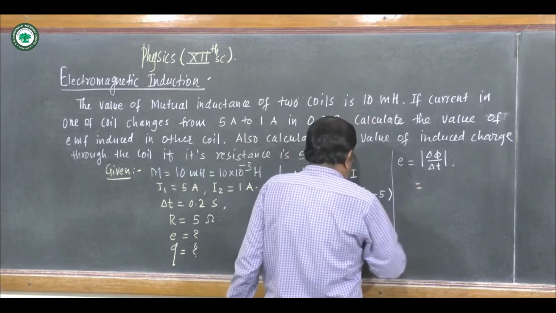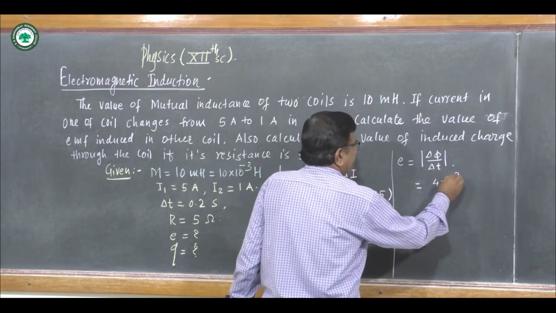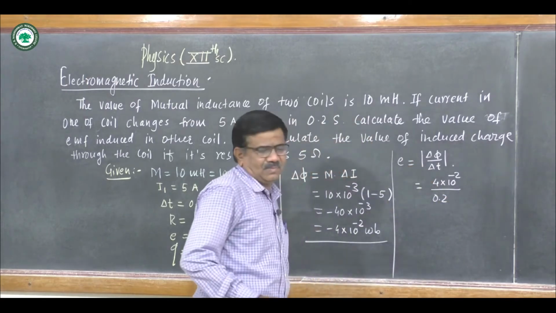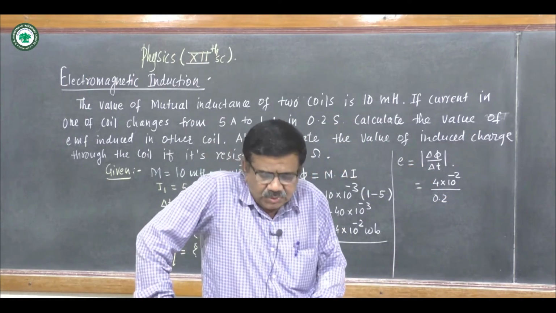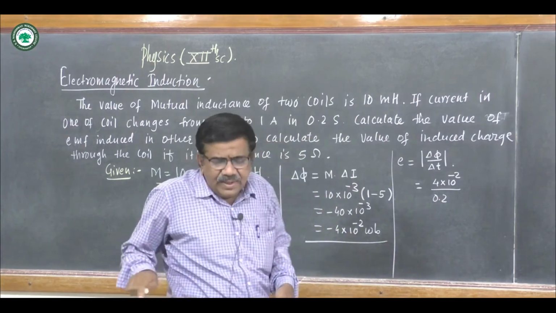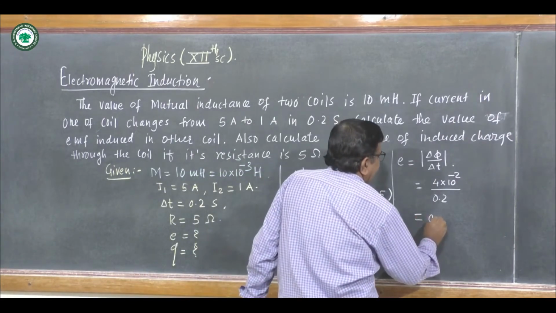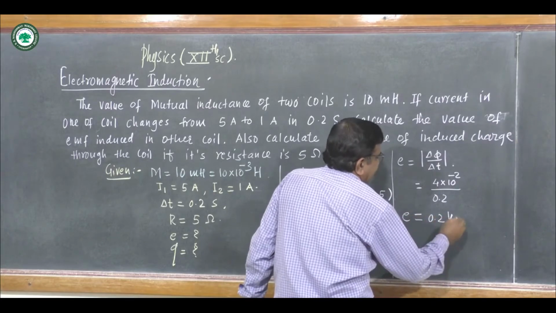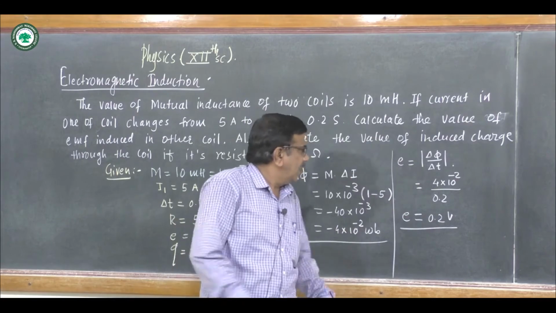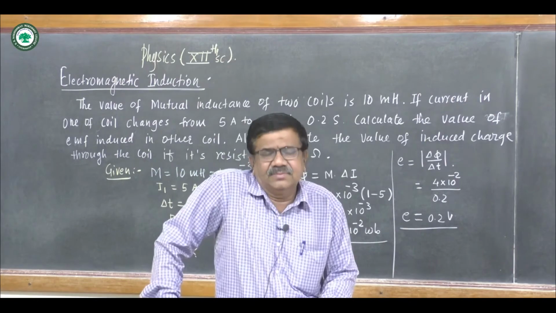If we consider its magnitude, that will be 4 into 10 raised to minus 2 divided by delta t, which is 0.2. By solving this, we get the EMF as 0.2 volt. So this is our first answer. Very simple calculation. We can solve it easily, and the value of EMF is 0.2 volt.